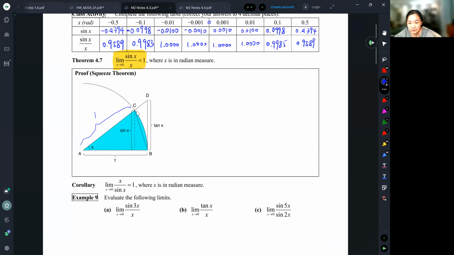So our thing is, you will find the area of the sector ABC, and the area of the triangle ACE, and the area of ABD.